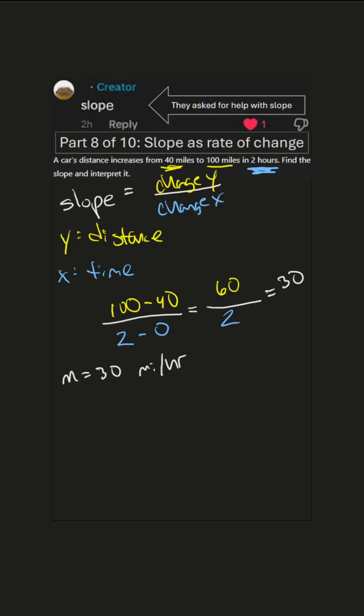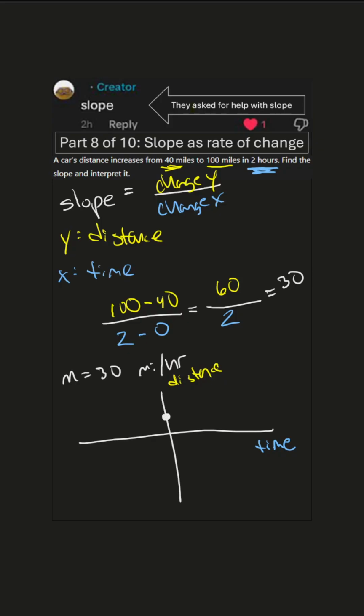Okay, so now we know that slope is not just something that you can look at on a graph. It has real-world applications. But let's go ahead and graph it just for fun. Let's say this is our x-axis, which is time. Our y-axis is distance. And let's plot this thing. So at 0 hours, it is at 40 miles.